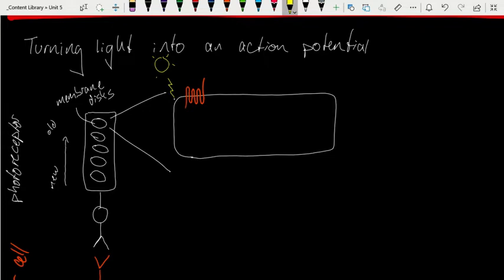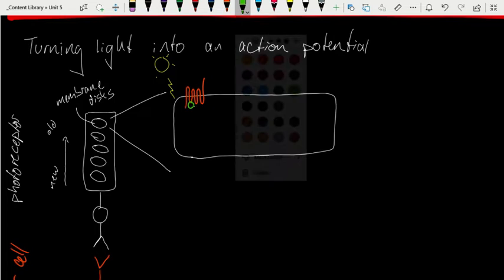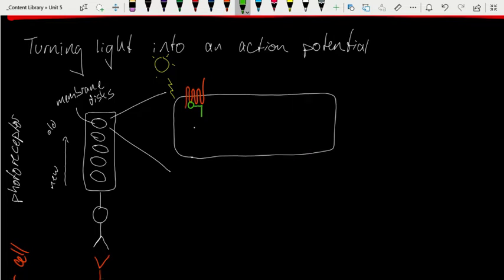And this is accomplished by a little molecule in here. We'll draw it like this. This is called 11-cis retinal.